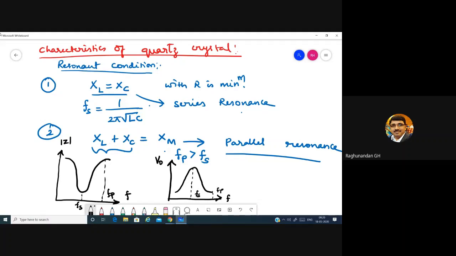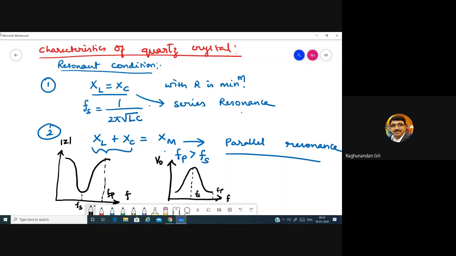So this shows that with respect to impedance and frequency, the frequency of parallel resonance is greater and the frequency of series resonance is lesser.